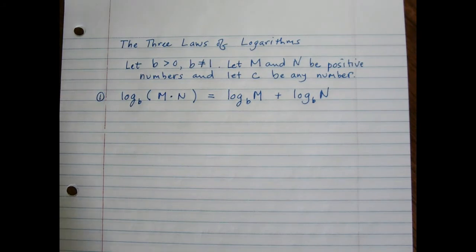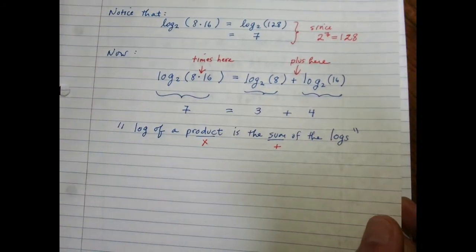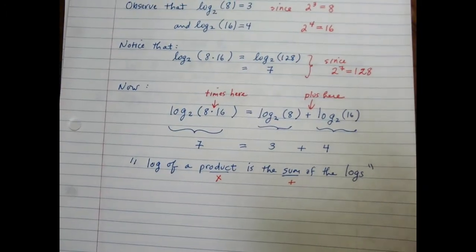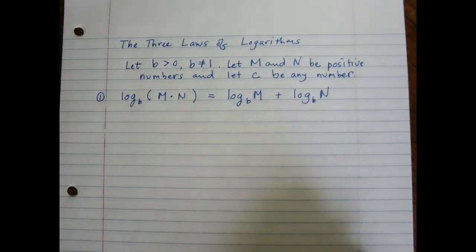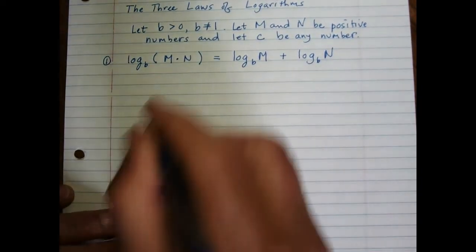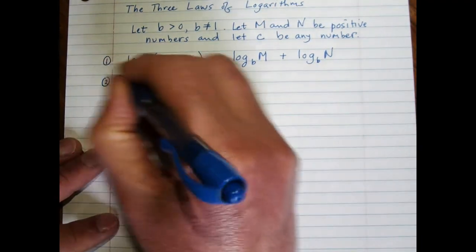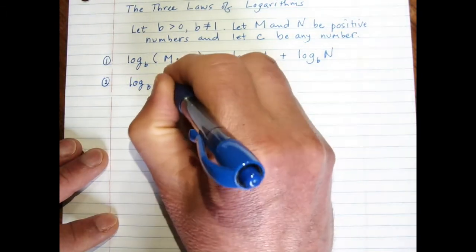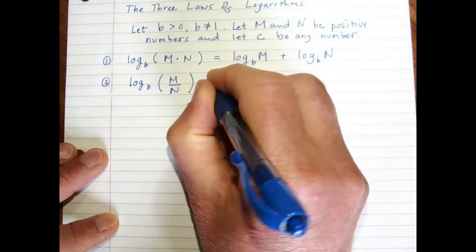And that's really what we observed in this example that we looked at with some of these powers of 2, some of these logs base 2. But there are 2 more laws of logarithms. The second one has to do with log base b of m over n, which you can think of as m divided by n.